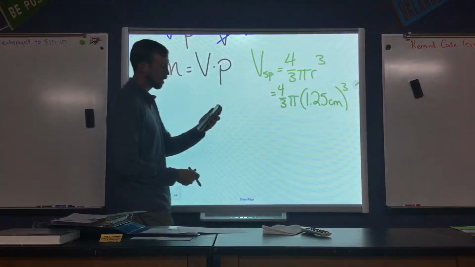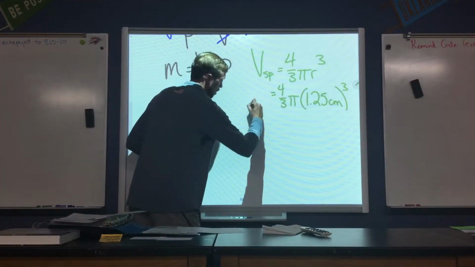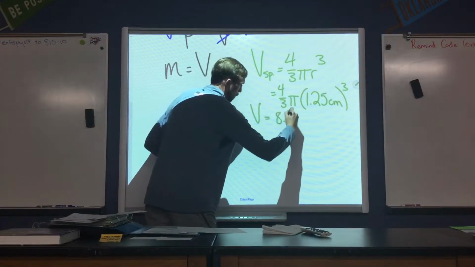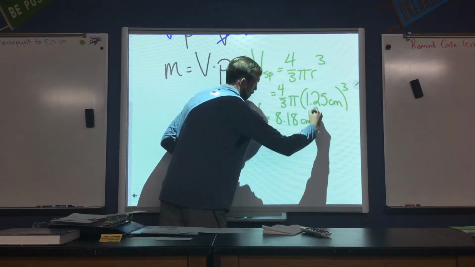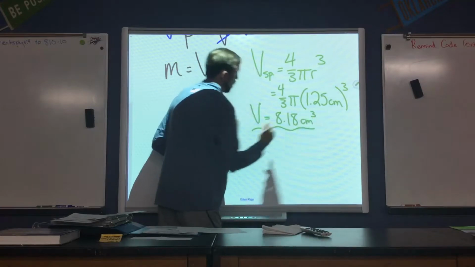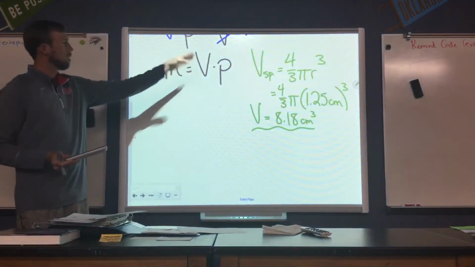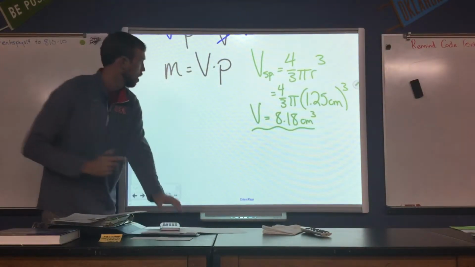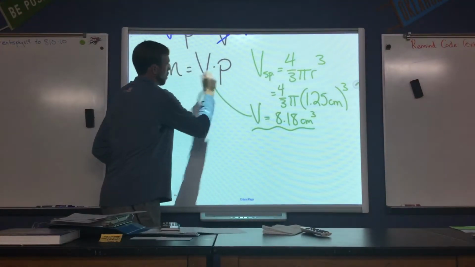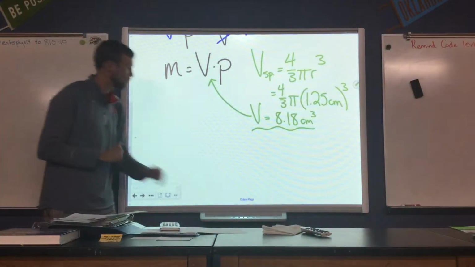We should get a value of approximately 8.18. So our volume, 8.18 cubic centimeters. So now we know our volume value. Now we just need to plug into our equation up here to find our final answer, which would be mass.